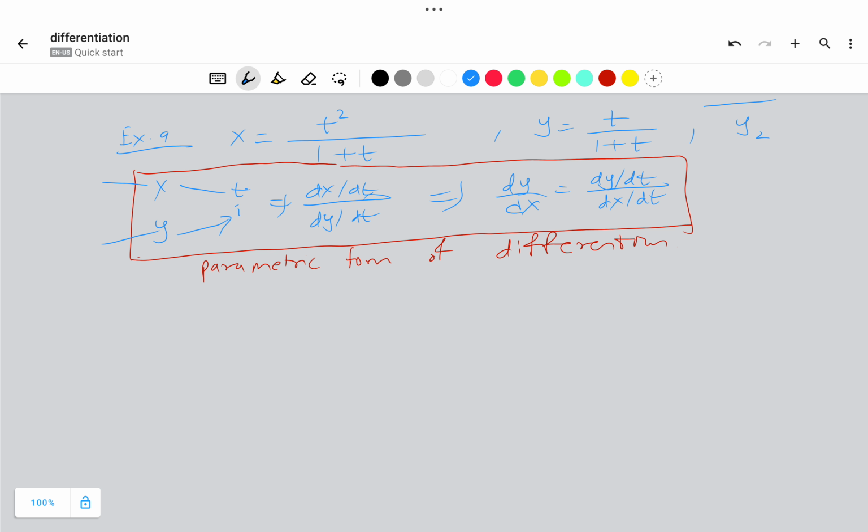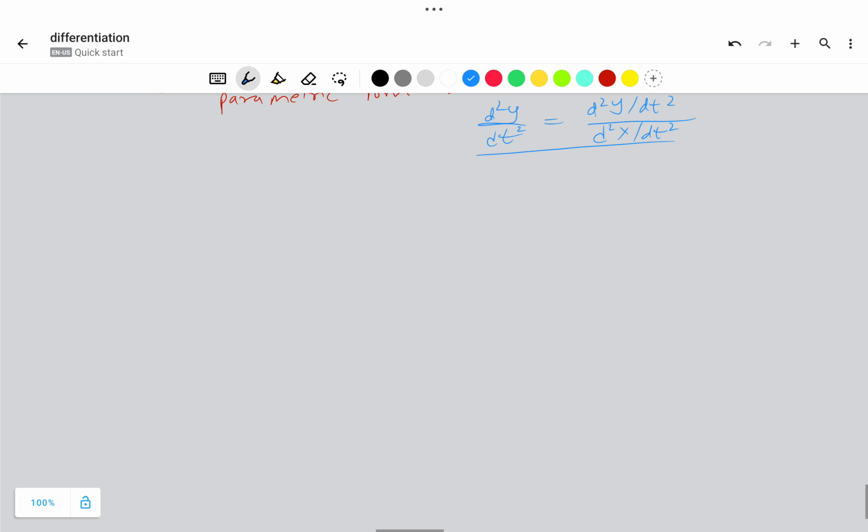So here the second order derivative would be d square y by dx square, which is d square y by dt square upon d square x by dt square. This was the concept, and now we will solve this problem.